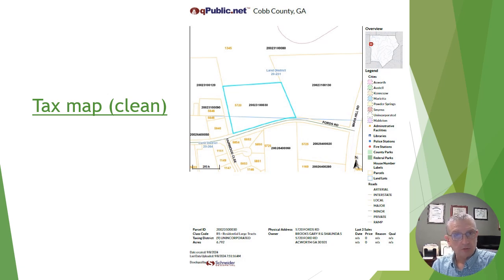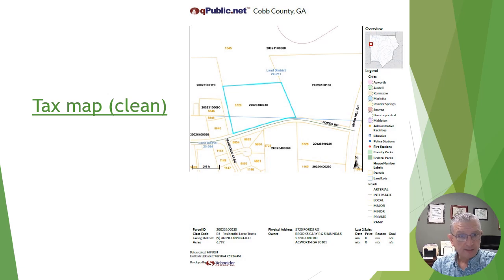Now, not all QPublic or GIS platforms are the same, but we're sticking with Cobb County, and here you can turn the land lot layer on, and it'll tell you right here you're in Land District 20, Land Lot 231. This blue line comes on and off with that layer, so that's a land lot line approximate per where they think it is.